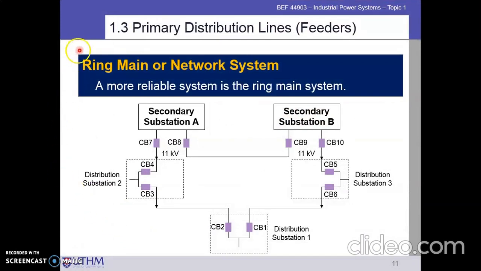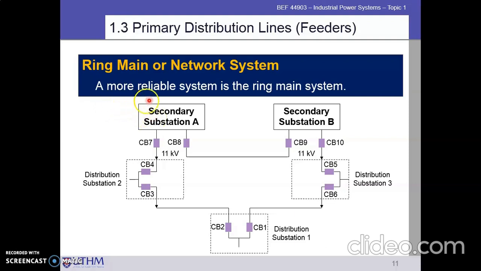Okay, next we go to the ring main or network system. This is the last type, the final type. We can see here this is the improvement from the previous one, the loop.